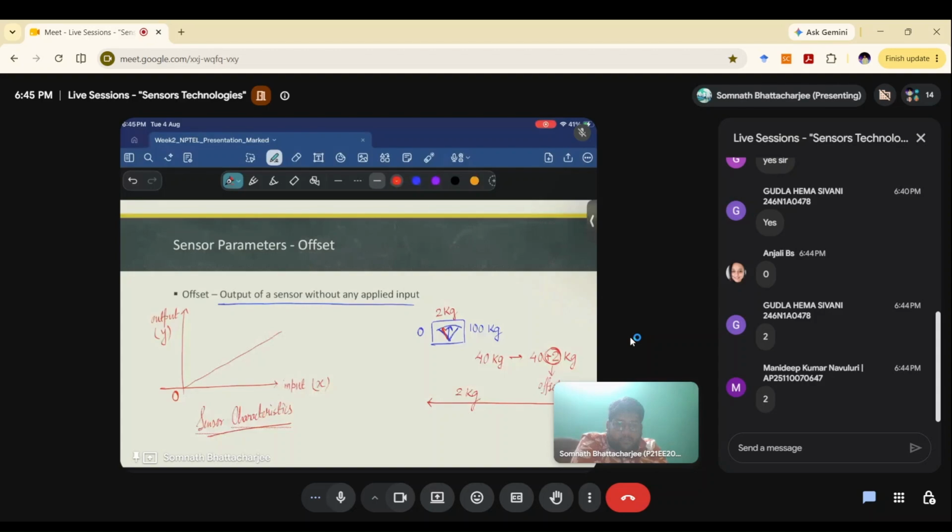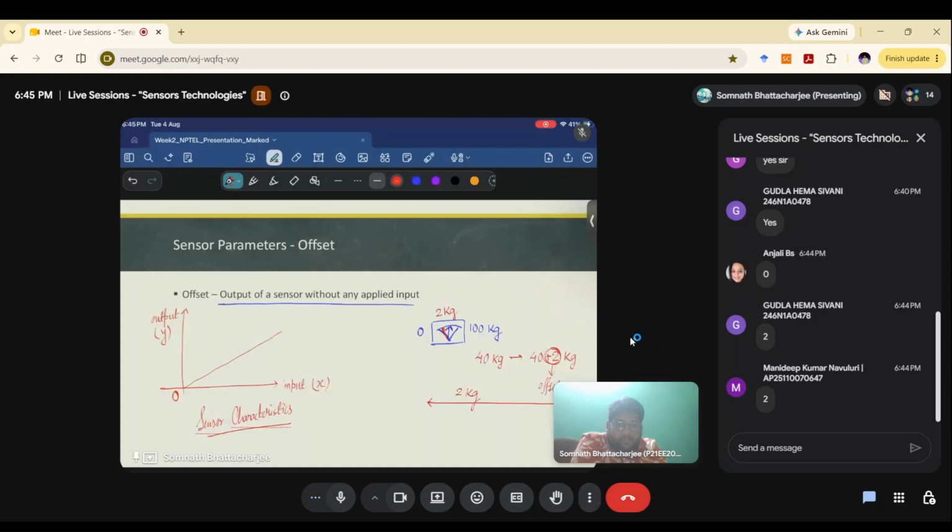Now let's have a device like this, or even it meets at the same point. Now for this case, the problem with this device is that even at x equals 0, y is not equal to 0. So let's say this value is a. If this value is a, then the value of y is a, right?